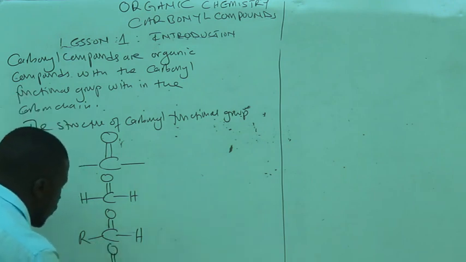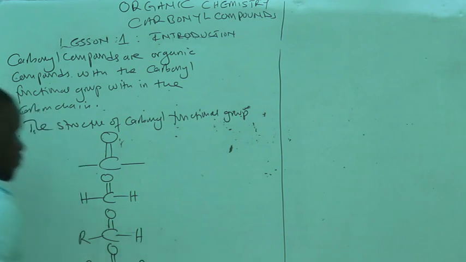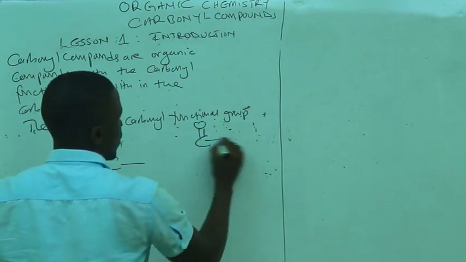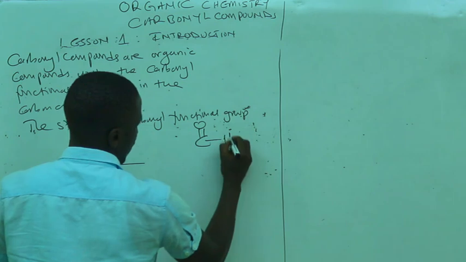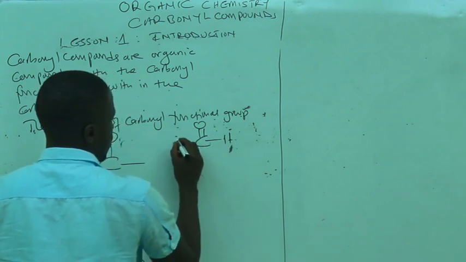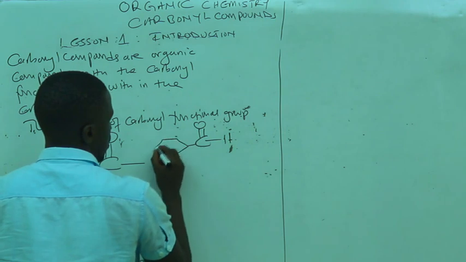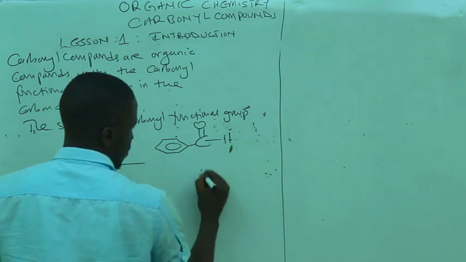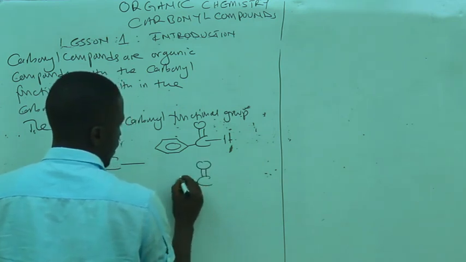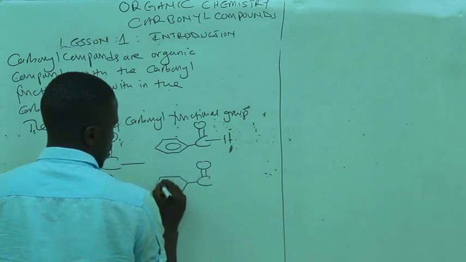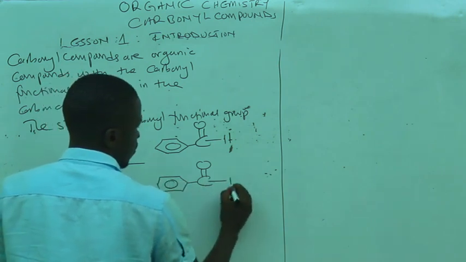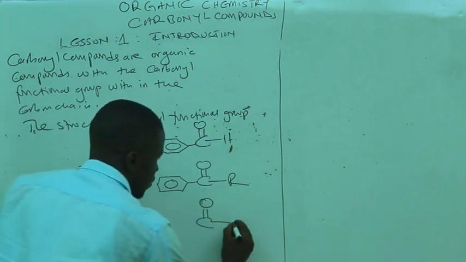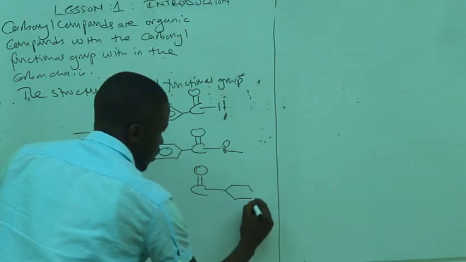You can have both ends alkyl groups. We can even have one side a benzene ring, or one side a benzene ring and the other side an alkyl group. You can even have both sides a benzene ring.